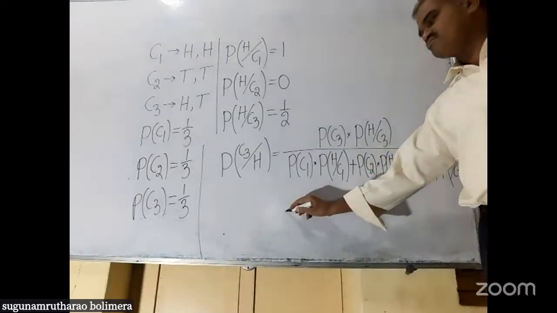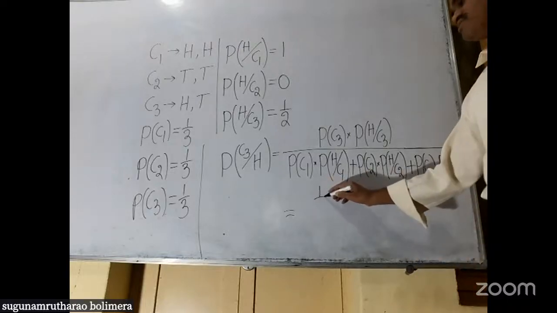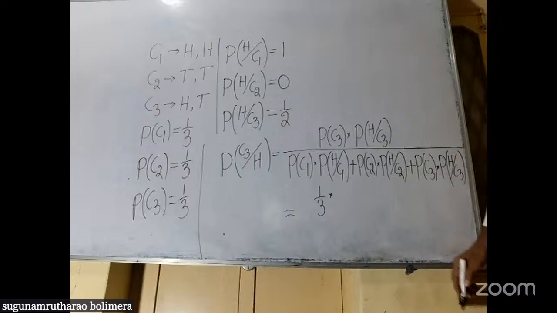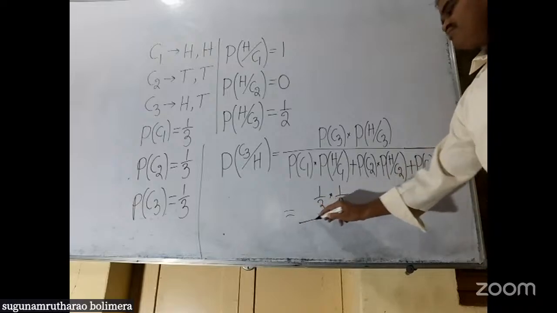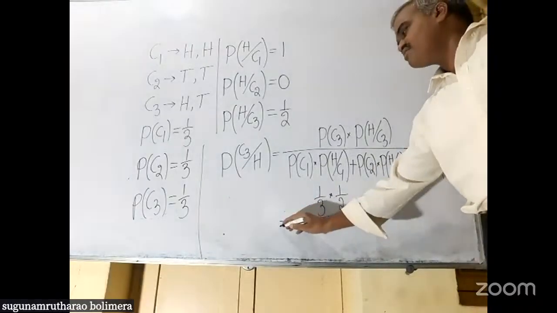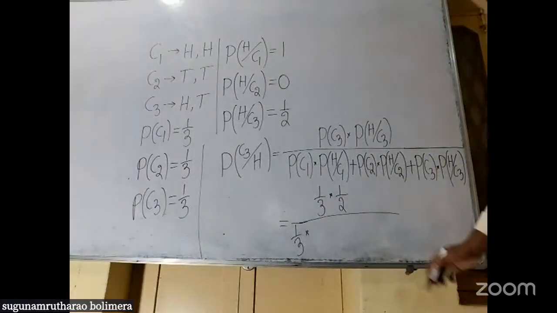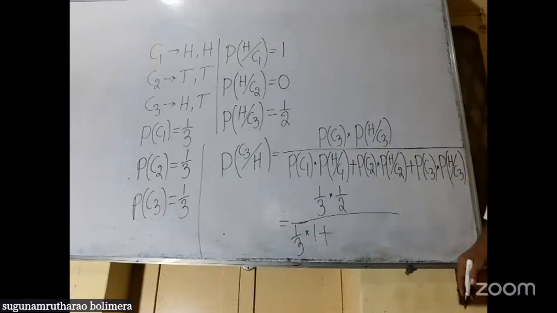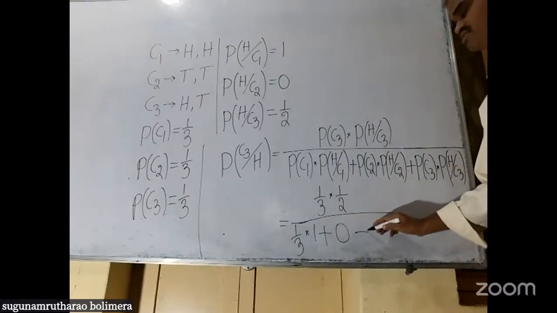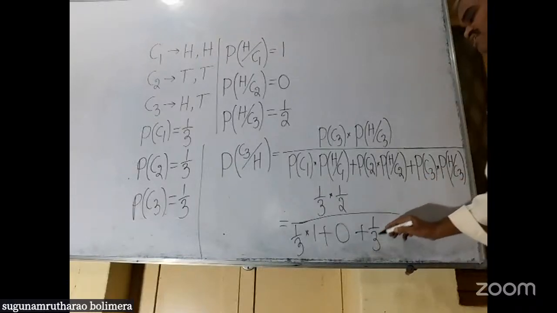Tell me the answer quick. P of C3 is 1 by 3, into head from C3, which is 1 by 2, divided by C1 is 1 by 3 into head from C1 which is 1, plus head from C2 which is 0, plus next C3 which is 1 by 3 into 1 by 2.